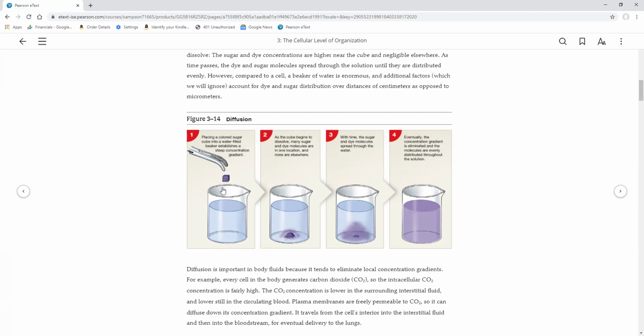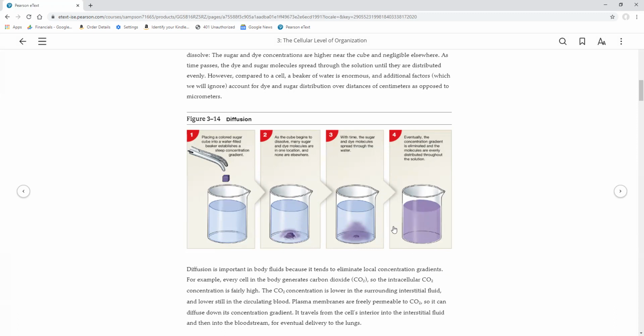As you drop the sugar cube in the water, you have this concentration down here at the bottom, and then what do you see here? It's starting to spread out through the fluid, moving away from that. This is down the concentration gradient, until we get to an isotonic solution here.